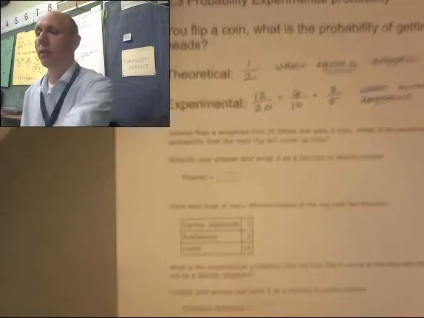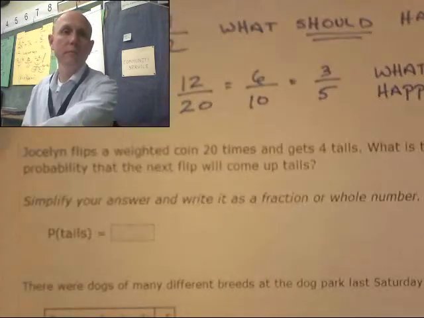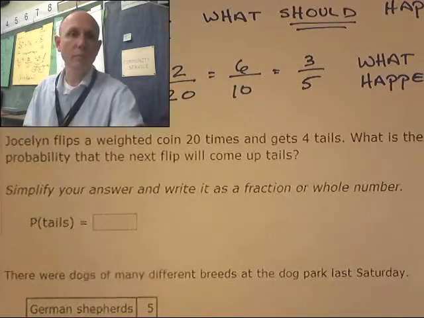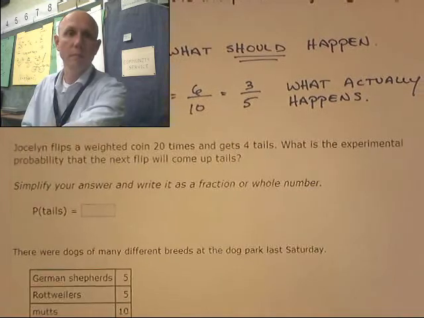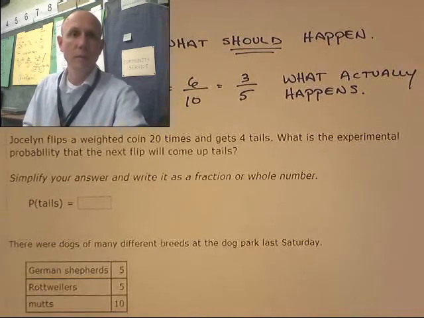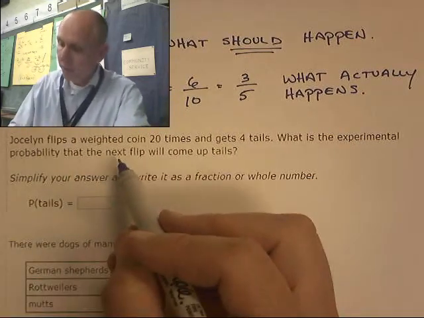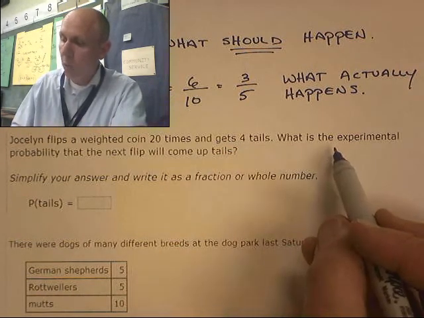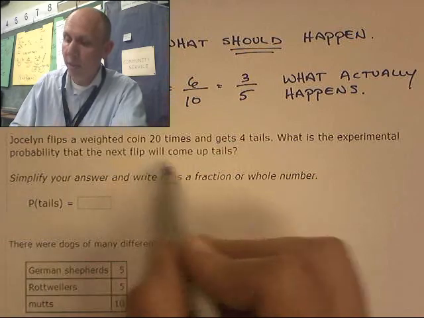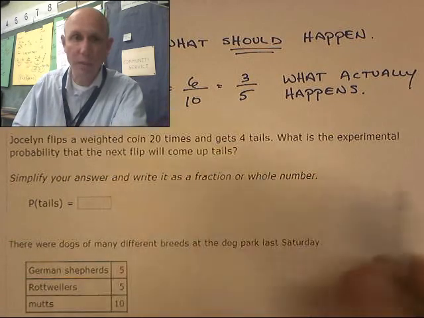So let's do some problems here. Joyce flips a weighted coin 20 times and gets 4 tails. What is the experimental probability that the next flip will come up tails?